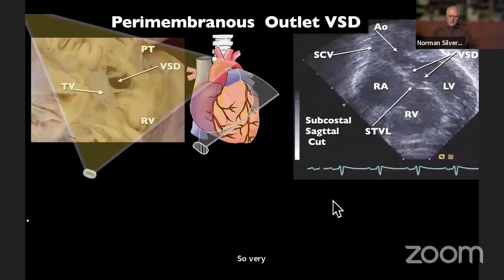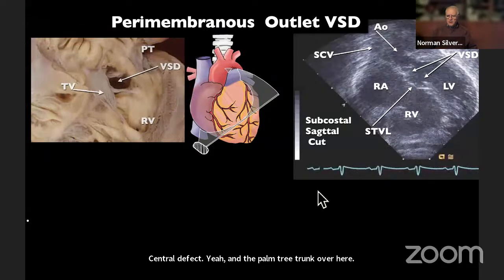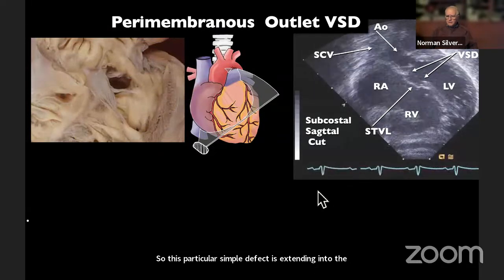Now, defects may be, as we've seen now, perimembranous, but here's the pulmonary trunk with attenuation of the space between the ventricular septal defect here and the pulmonary trunk over here. So this ventricular septal defect is extending into the outlet chamber over here. And now we are looking at the ventricular septal defect.